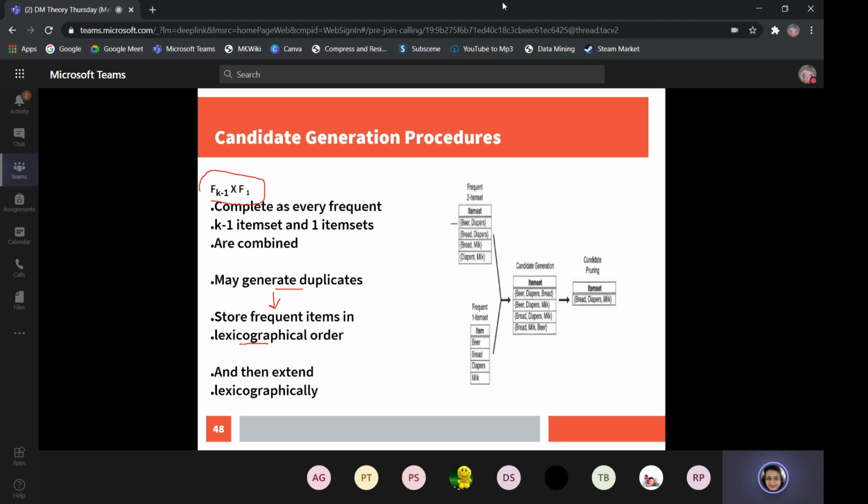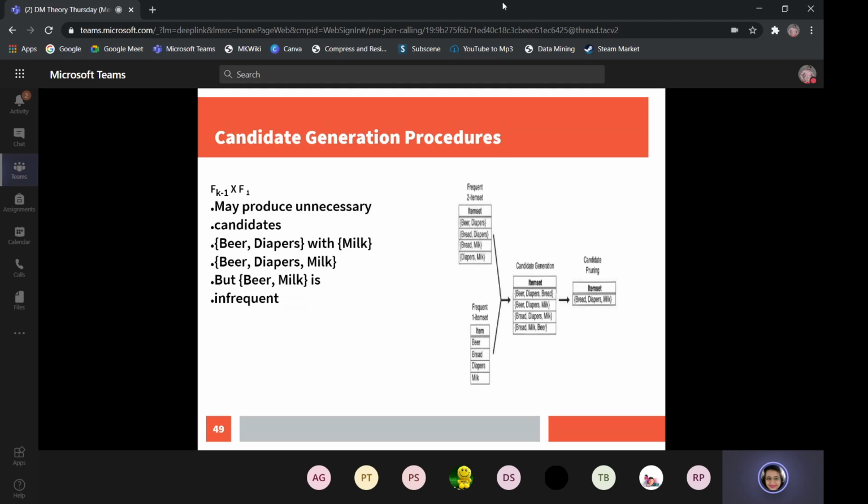Then you will not be generating duplicates. But this is complete. You may generate unnecessary candidates like this, but we know that beer and milk was infrequent.